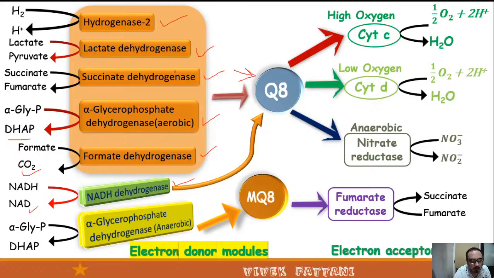Now as electrons pass through Q8, which is a ubiquinone, there are three conditions which are assumed right now. One is the high concentration of oxygen, the second one is the low concentration of oxygen, and the third one is the anaerobic conditions.